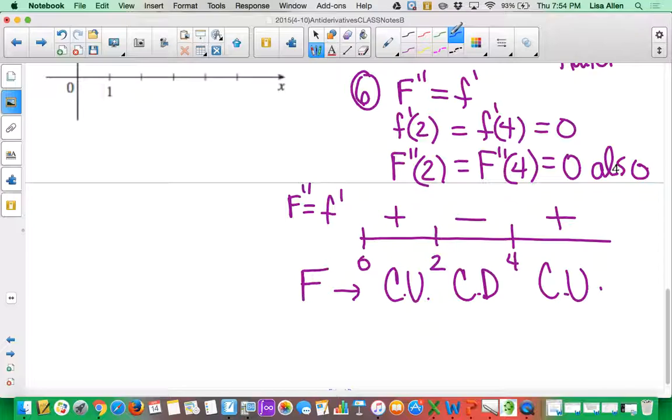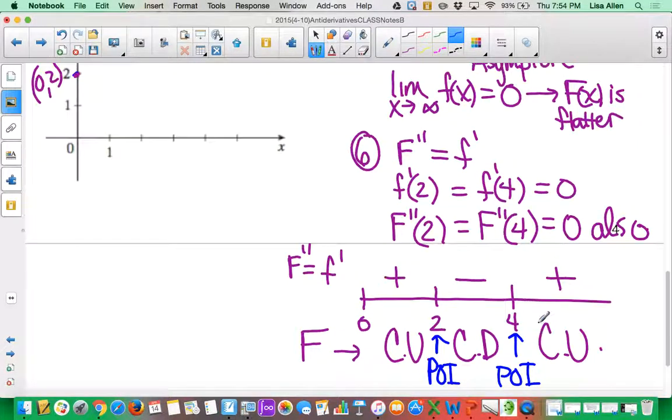Since the slope is equal to 0 at both 2 and 4, we know that we have a point of inflection, POI, at 2 and at 4, because there's a change. Not only is the slope equal to 0 at those points, there's a change in concavity. So let's take this information and see if we can put it together to draw a graph.